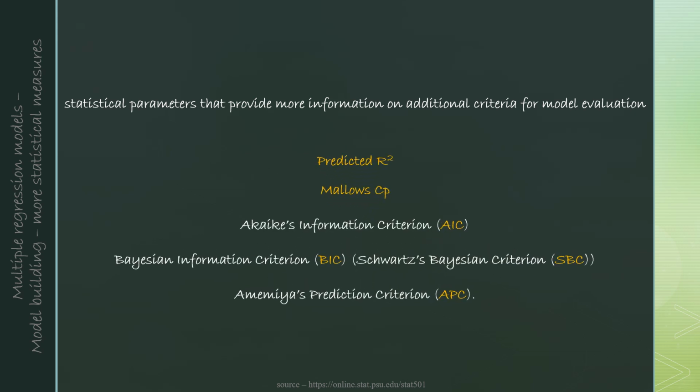Predicted R-square, Mallows Cp, Akaike's information criteria, in short called AIC, Bayesian information criteria, in short called BIC, also called Schwarz Bayesian criteria or SBC, and Amemiya's prediction criteria, APC. Let's get to learn them one by one.